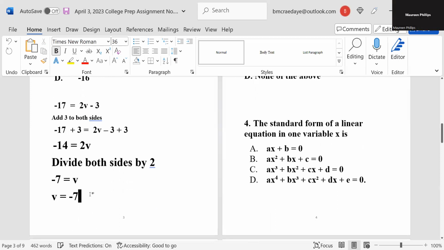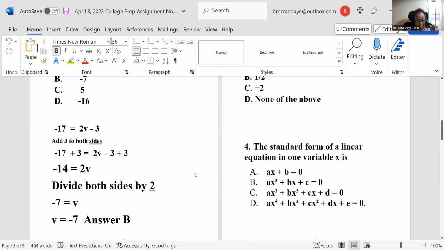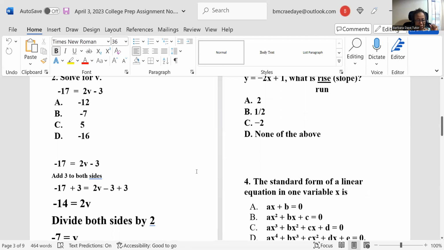Answer B. Because if minus 7 equals v, you write it like this, and v is equal to minus 7. Got it? Yes. Okay, so that's how you would solve that one. Even though your v is sitting on the right, that's okay. You can always move it to the left, because if one side's equal to the other, then the reverse is the same thing, just said a different way.